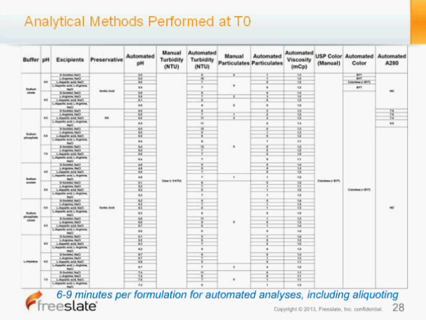And this only takes about 6 to 9 minutes per formulation for the automation, and that includes the aliquoting for the analytical samples and also the dilutions if necessary. Most of that time is totally unattended.